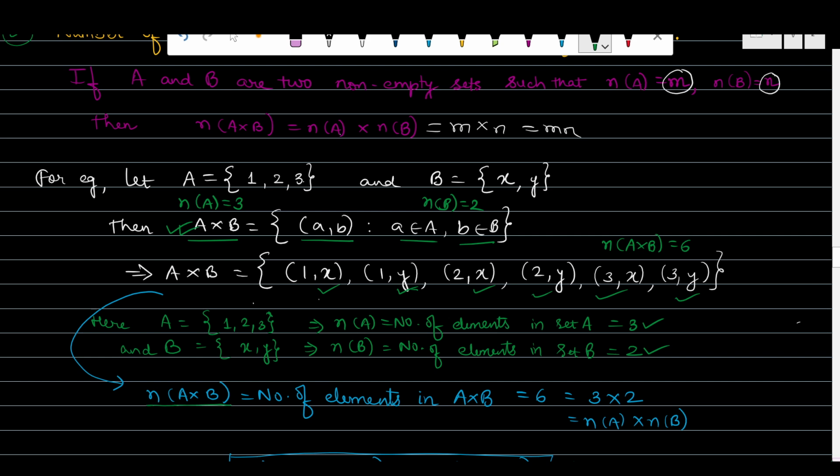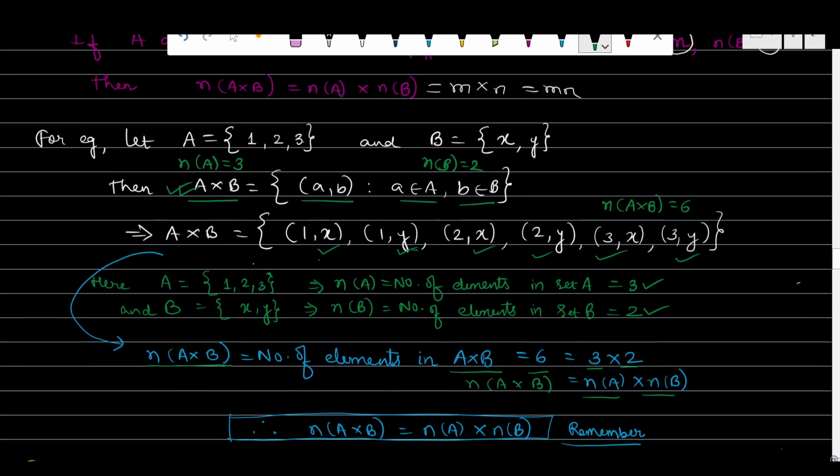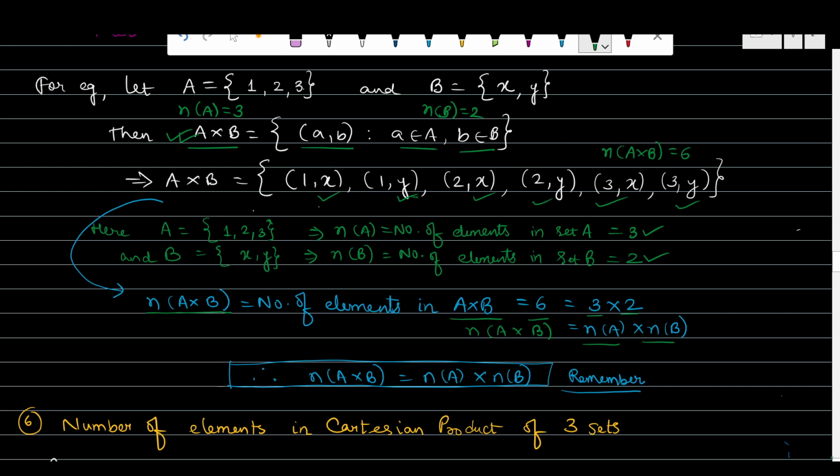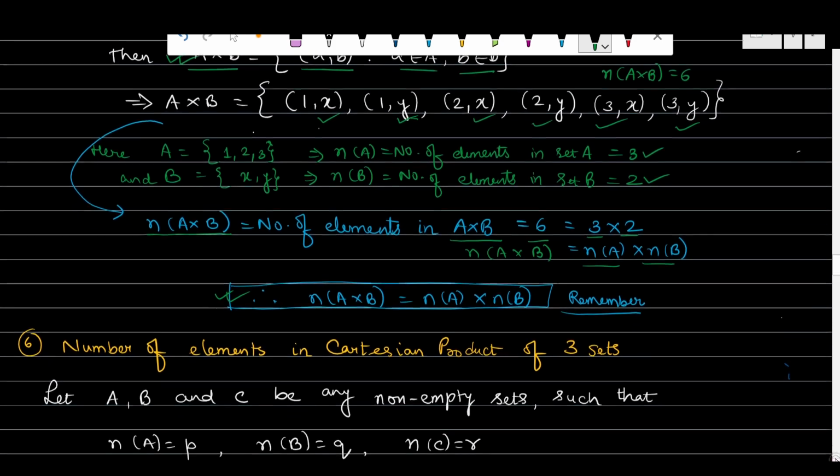Now cardinality of A cross B means the number of elements in A cross B, which is equal to 6, equals 3 into 2, which is equal to cardinality of A into cardinality of B. Remember this as a formula, that cardinality of A cross B is equal to cardinality of A times cardinality of B. I hope this is also clear.